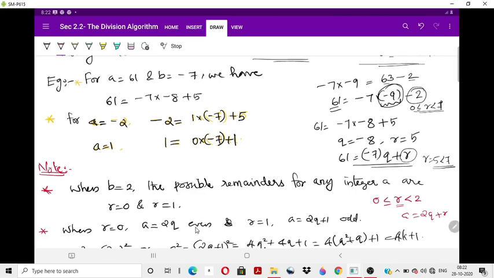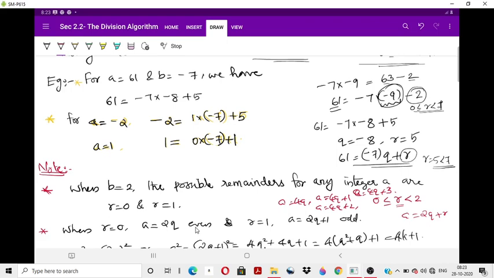So when r equal to 0, we have a as 4q, and if our remainder is 1, then we can write the integer as 4q plus 1, or it is of the form 4q plus 2, or 4q plus 3. So these are the possibilities for any integer when divided by 4.